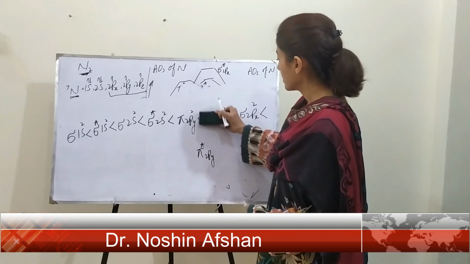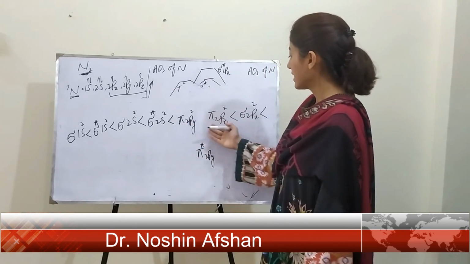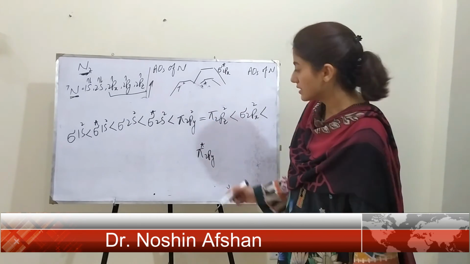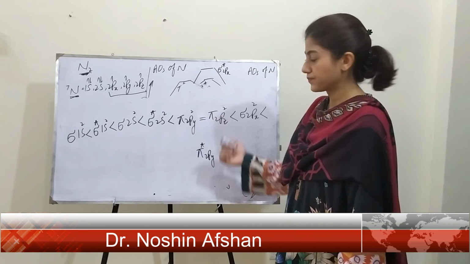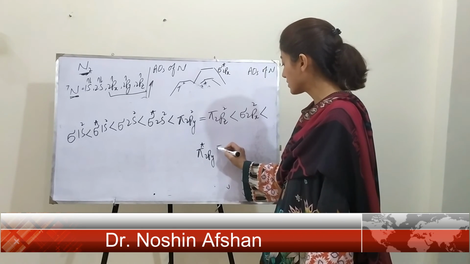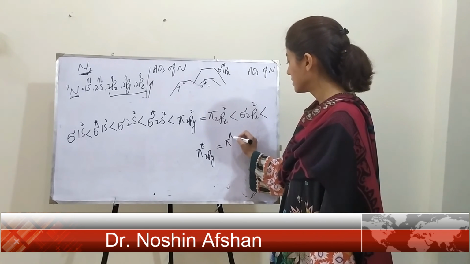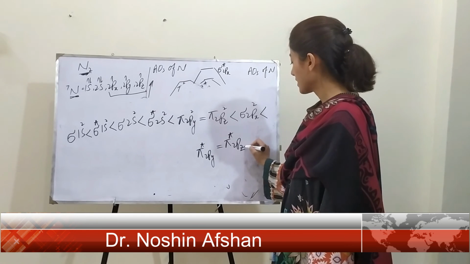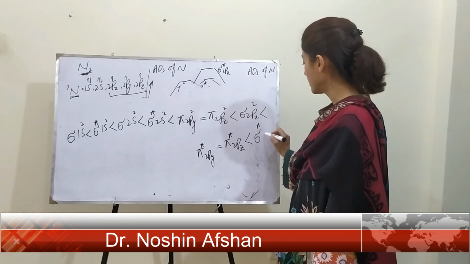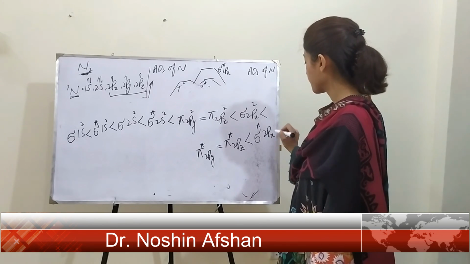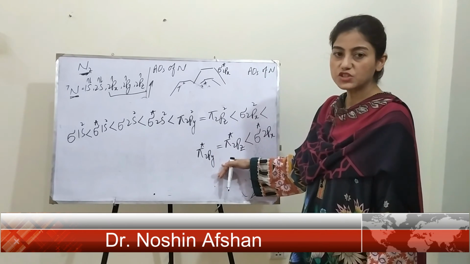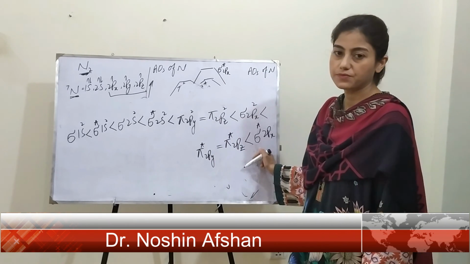Sorry, here these 2py and 2pz were at equal energy level, so you will use here the sign of equal. And similarly, this pi star 2py is at equal energy level as compared to pi star 2pz, and both of these are at lower energy level as compared to sigma star 2px. Because these are empty, so we will not mention the number of electrons over these.